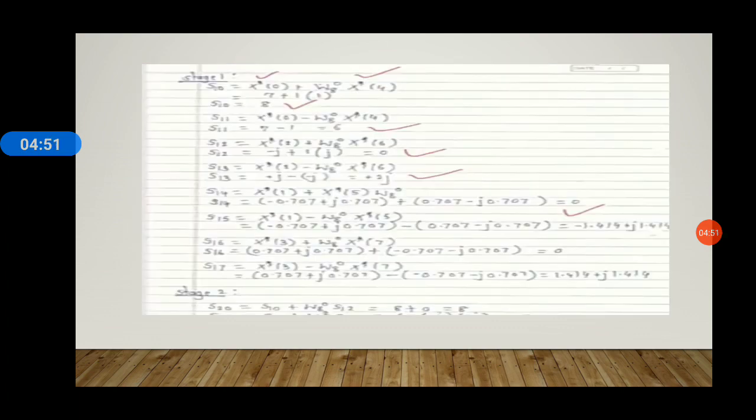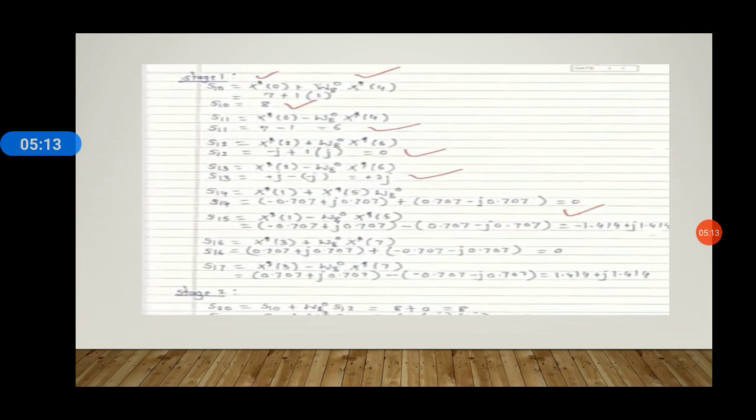In this slide, all the answers of the first stage of the DFT, or rather the FFT, are written. For example, the first answer would be X star 0 plus W8 to the power 0 multiplied by X star 4.